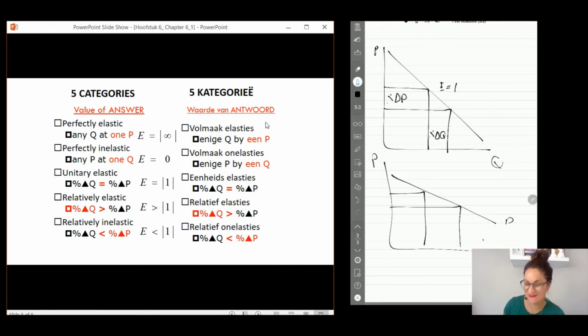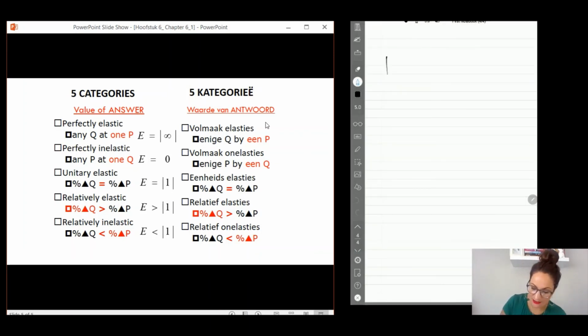So you will see that the change in price is smaller than the change in quantity. So even if there's a small change in price, it will result in a big change in quantity. So that is your relatively elastic curve, and your coefficient will always be greater than 1.